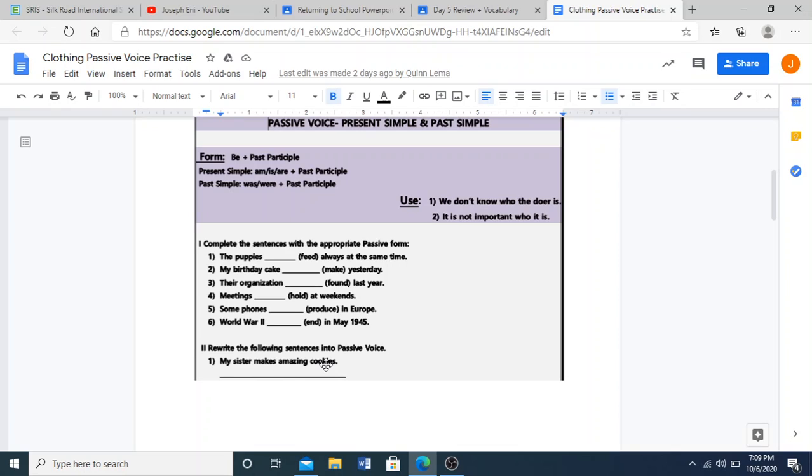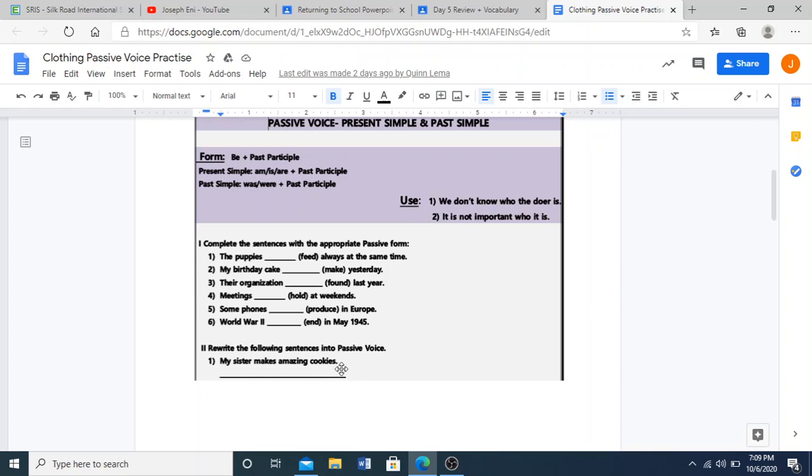Okay, so let me say the correct one, and hopefully everybody got it right. So, cookies are made. Or let's add the adjective with the cookies. Amazing cookies are made by my sister.